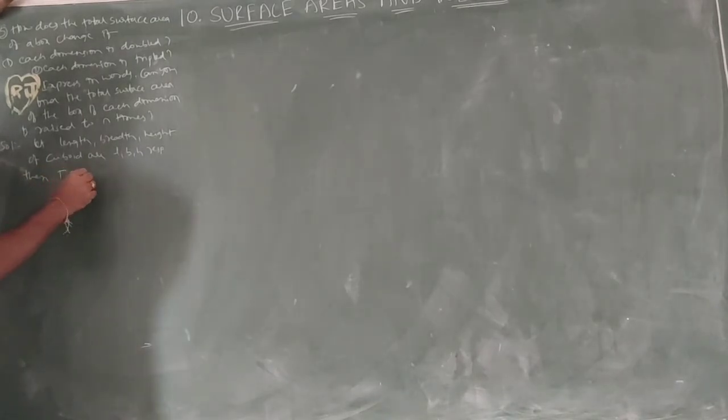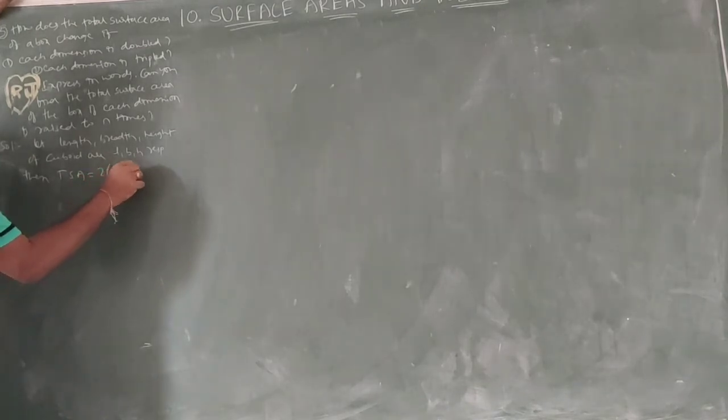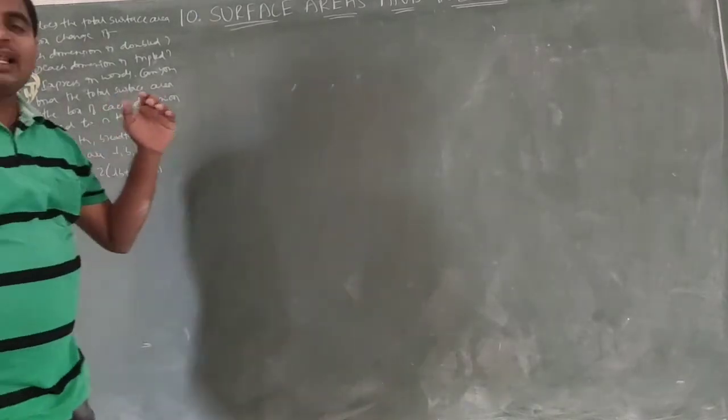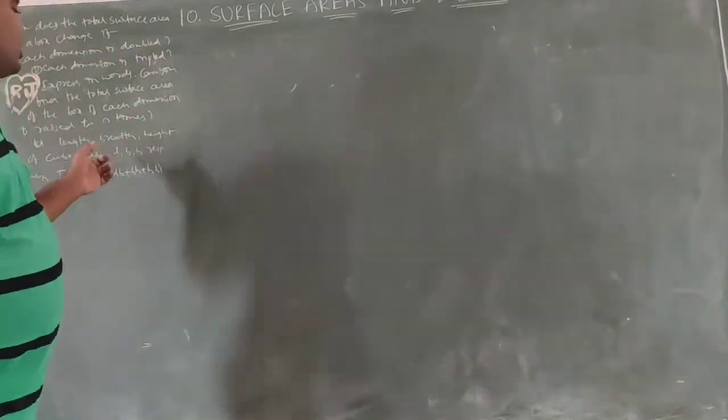Then the TSA formula is 2(LB + BH + HL). Actually 2H(L + B) is the formula for lateral surface area. We need total surface area. This is the formula.